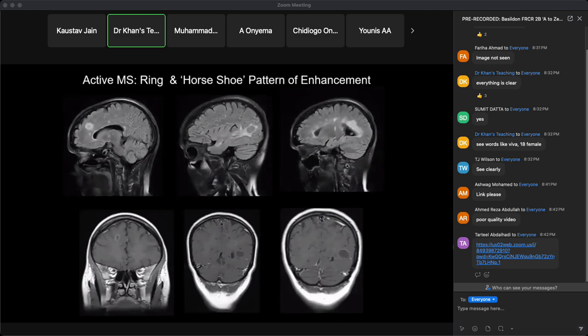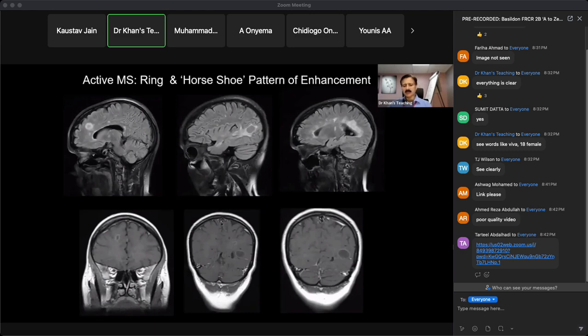Now, if there is enhancement, we call it active plaque of MS. And the enhancement can be complete ring enhancement. It can be what we call horseshoe enhancement, like this. Horseshoe enhancement is a very good feature which can discriminate a tumor versus MS, particularly tumefactive MS, which is an exam case I'll show you.